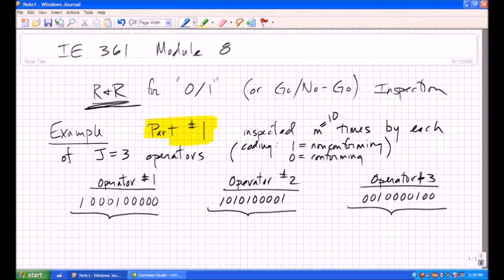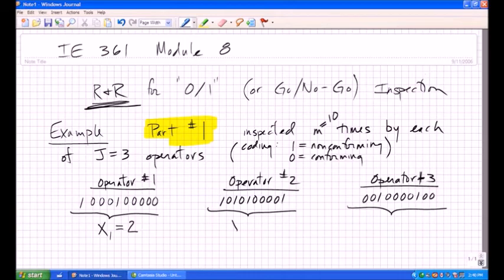In order to be able to talk about that and have some notation for that, what we're going to do is to use a notation like this. I'm going to call x1 the count of non-conforming calls, so it's the number of ones there for operator number 1. That's 2. 2 out of 10.